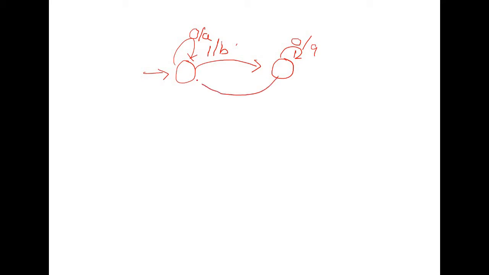For example, for 0, output is small a, then this is state B, and if you come to B, for 1 the output is B, and again for 0 the output is A, and I just keep it simple. From 1 output is A.